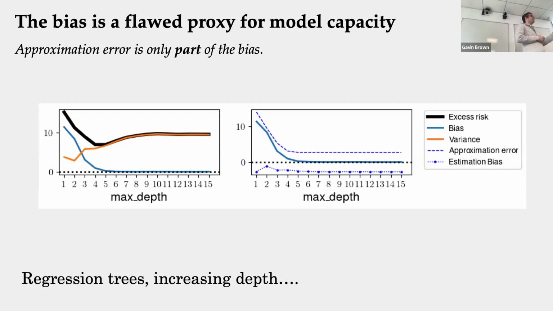No, it can be completely unbiased, but it still does not have sufficient capacity to model the true data because the approximation error is still non-zero. And it's giving you this false sense of hope in that there's the approximation error, and then there's something being subtracted off of it, this estimation bias term, which is making the overall bias 0. Kind of interesting, isn't it?